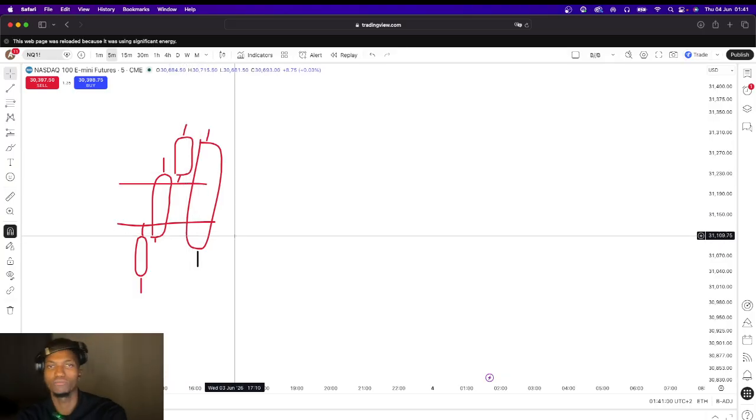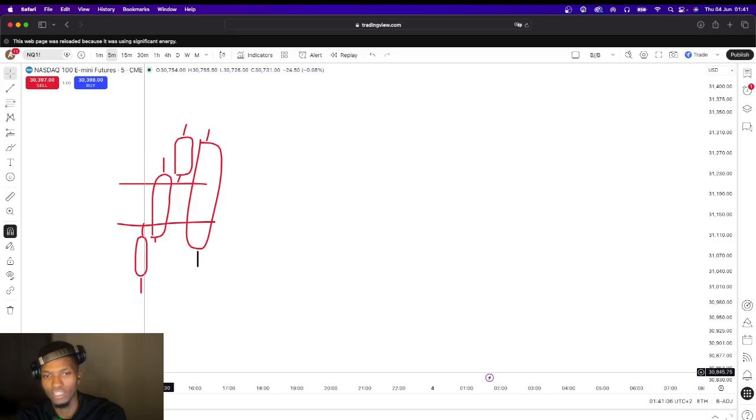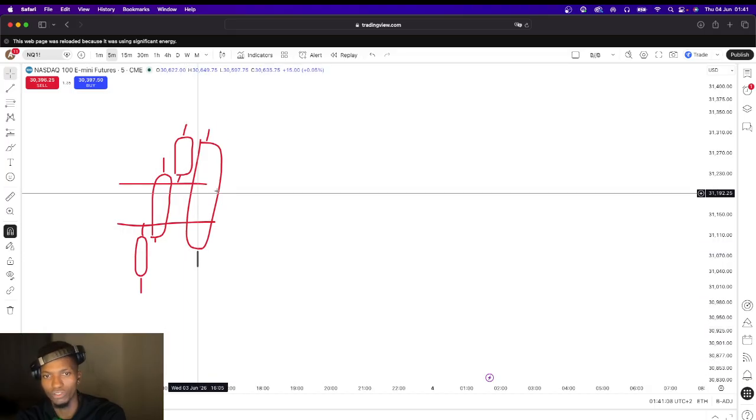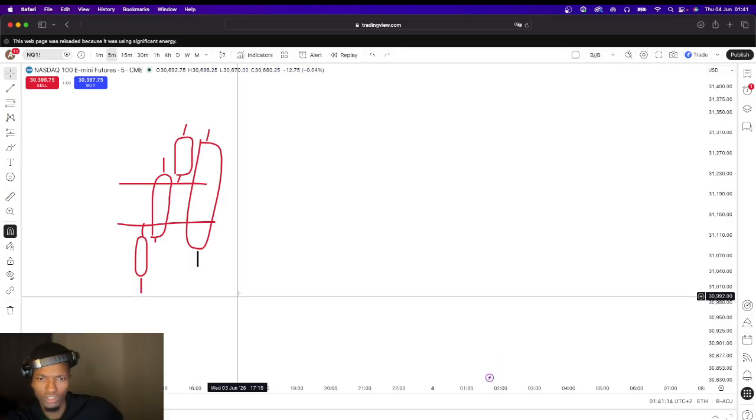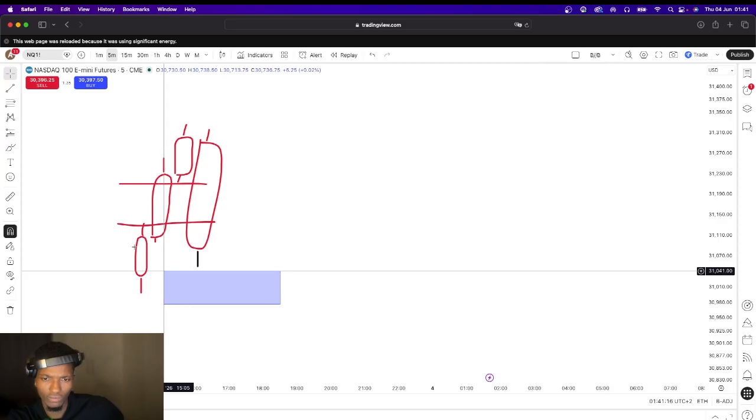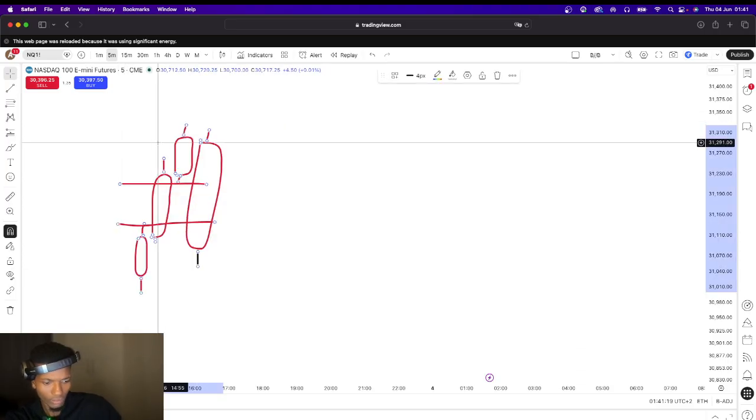So it can be used as an early signal if our breakout structure is further down here, to know that there will be a change in order flow. Okay, so that's what an inverse fair value gap is.